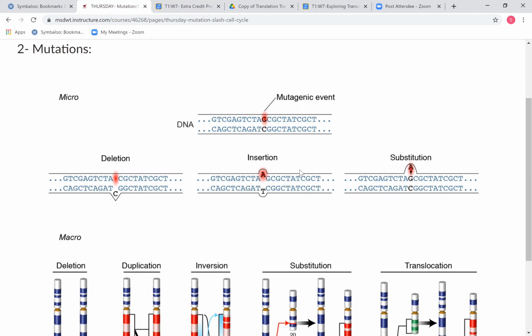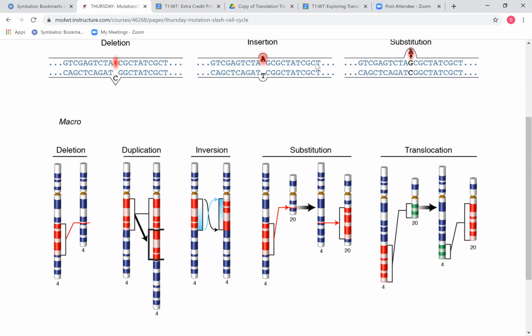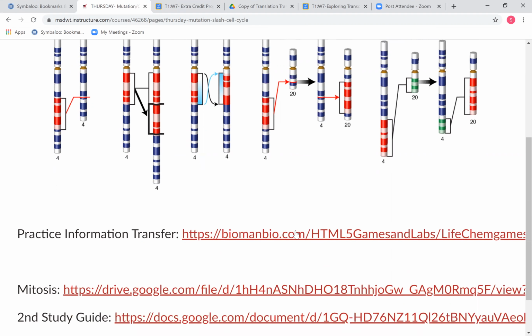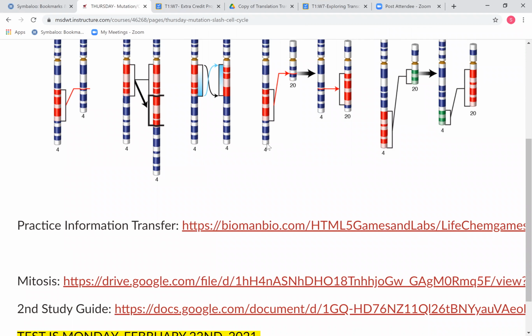Insertion means it puts a base in, and substitution means it replaces one. So when you look at a DNA sequence, you should be able to see which one doesn't belong by knowing whether it's deletion, insertion, or substitution. The last thing on here is just some examples of different ways to look at the mutations.